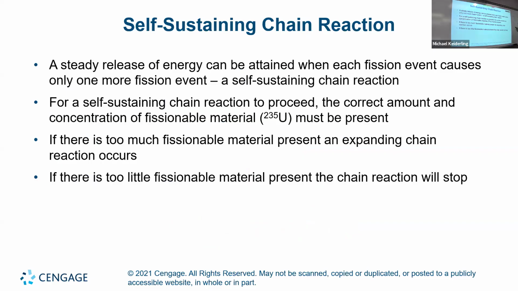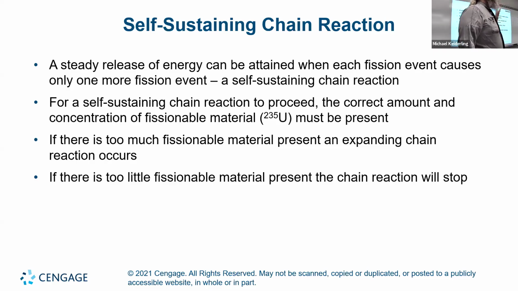For a self-sustaining chain reaction to proceed, the correct amount and concentration of fissionable material, uranium-235, needs to be present. If there's too much fissionable material, you get an expanding chain reaction. If there's too little fissionable material, the chain reaction will stop. In a nuclear power plant, things are generally set up so that you are below where you'd have a self-sustaining chain reaction.